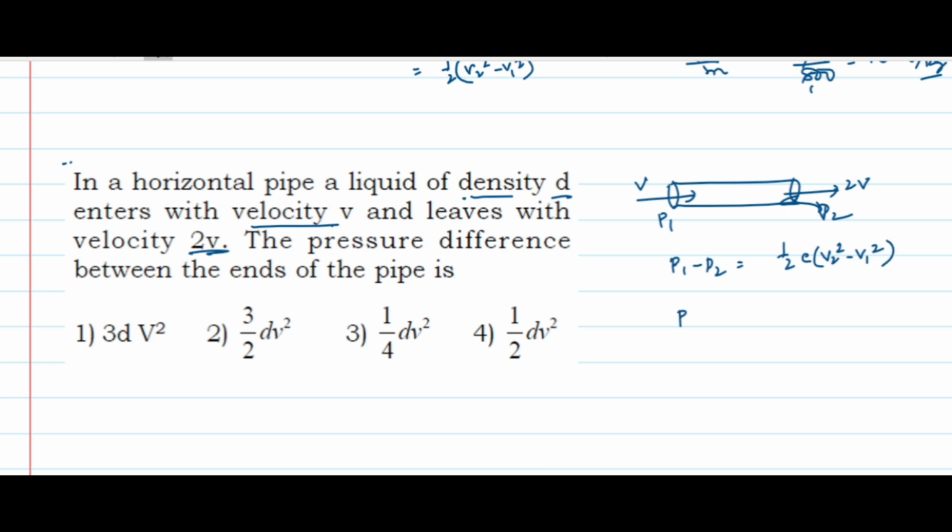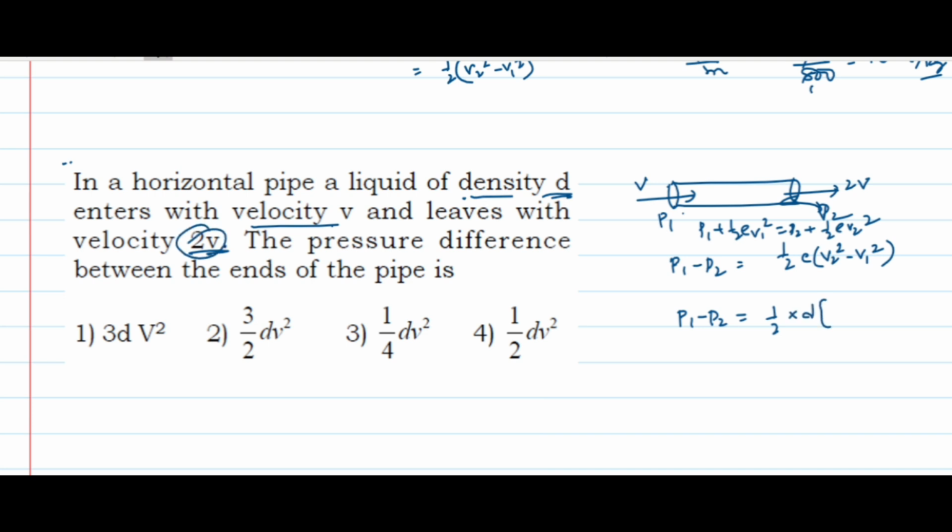For a horizontal pipe, P1 plus half rho V1 square equals P2 plus half rho V2 square. Then P1 minus P2 equals half into rho into V2 square minus V1 square. The density is given as D, so substituting, it is half D into V2 square minus V1 square.